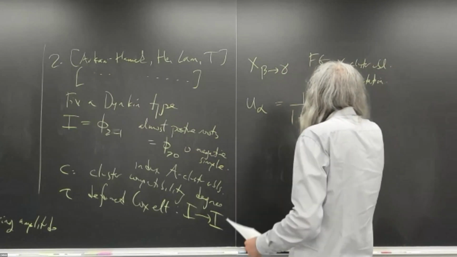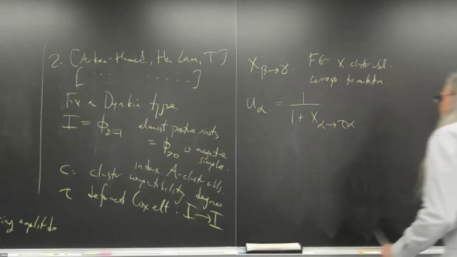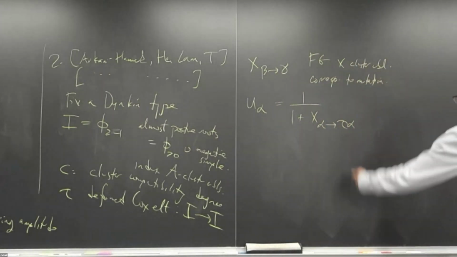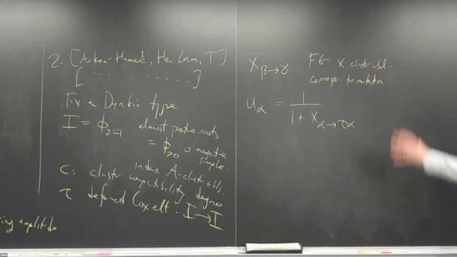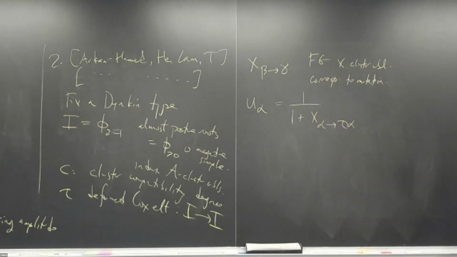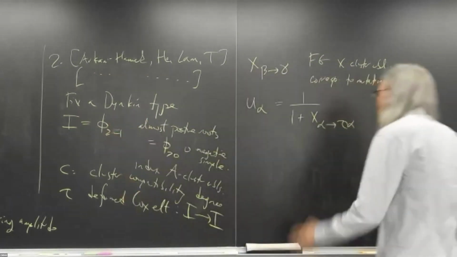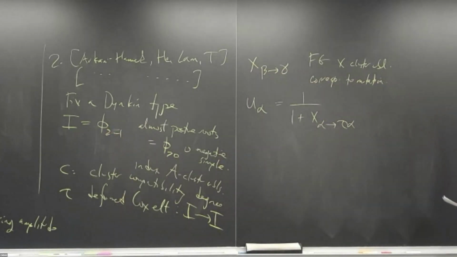It's the X variable corresponding to the mutation from alpha to the Coxeter element applied to alpha. It's not all of them, because there are more Fock-Goncharov X variables than there are elements of the indexing set. So somehow it's choosing a subset of them.